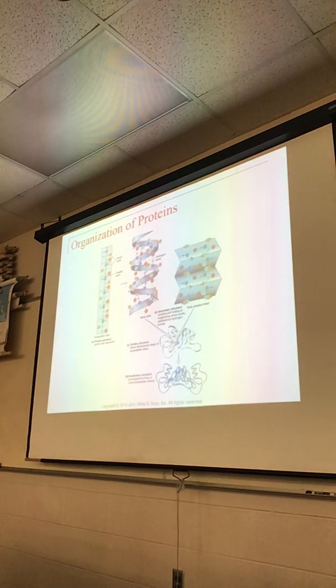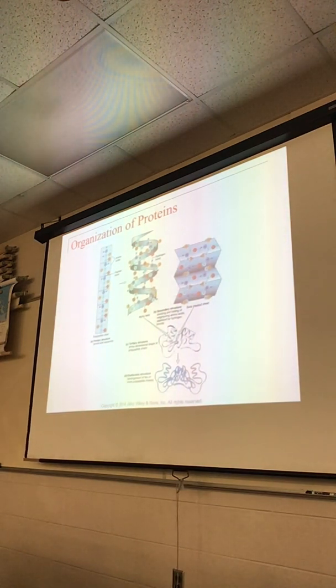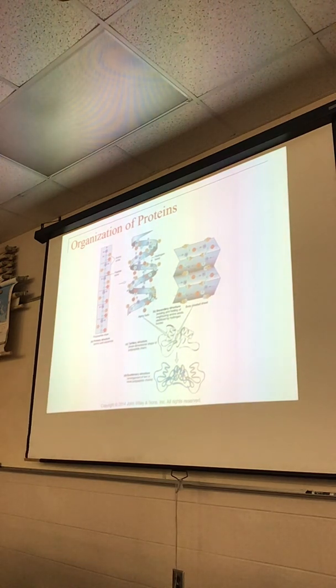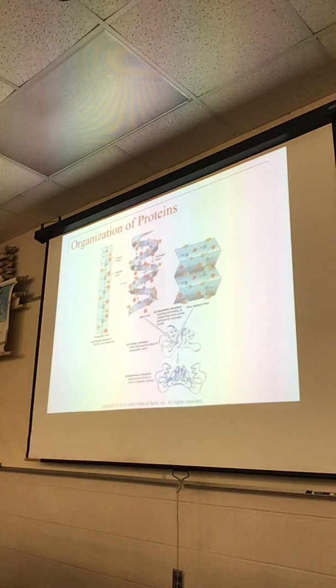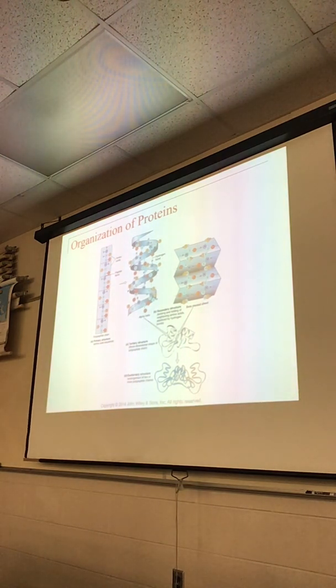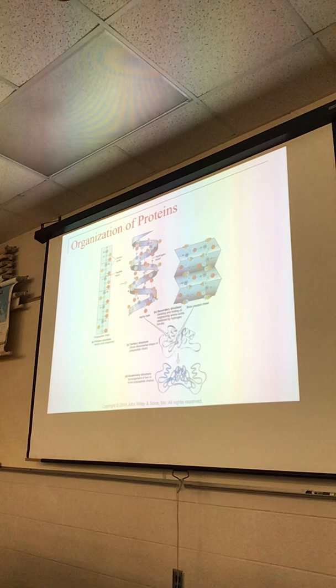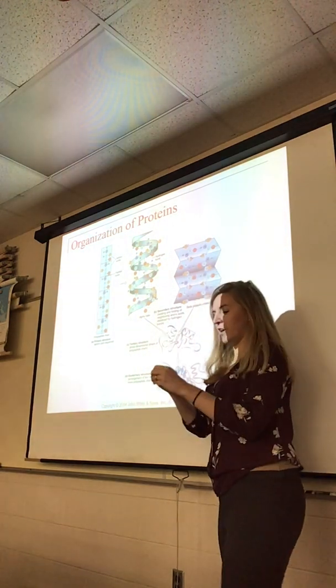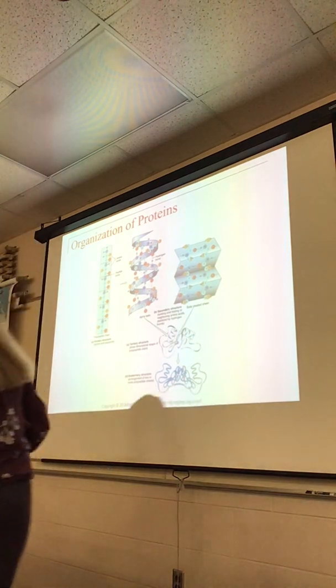It can either be what they call an alpha helix, or a beta sheet, which is pleated. See, it looks like a sheet of paper folded for an envelope. I think I'm going to make mine an alpha helix.